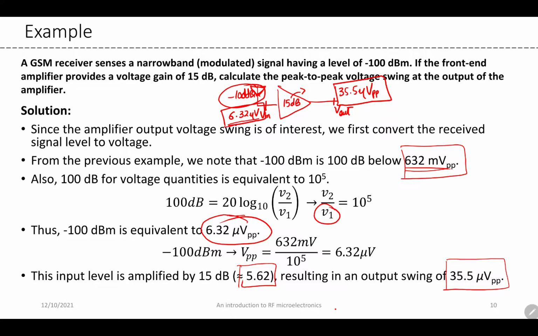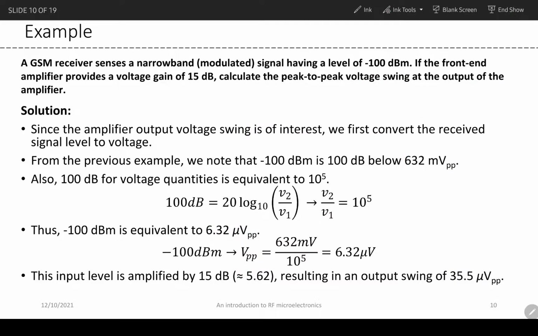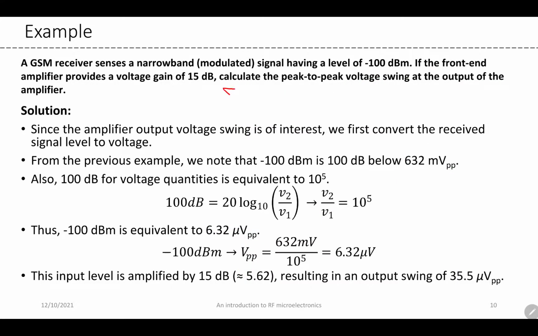Another way to do this, which some of you might find easier, if you have a calculator you can do it quickly, is that you have a minus 100 dBm signal and you have a 15 dB gain. So you can simply add them and the output would be minus 85 dBm, right?